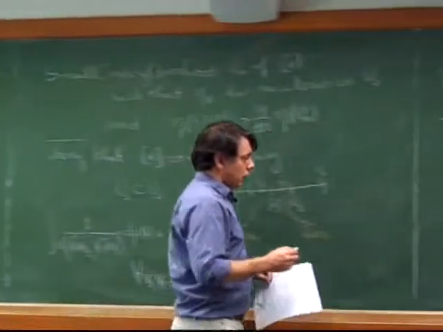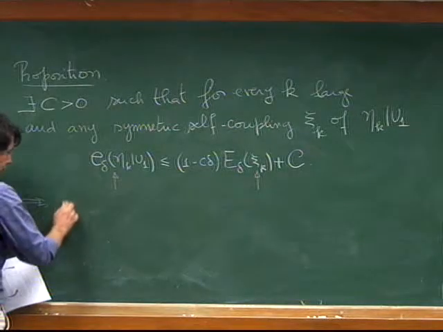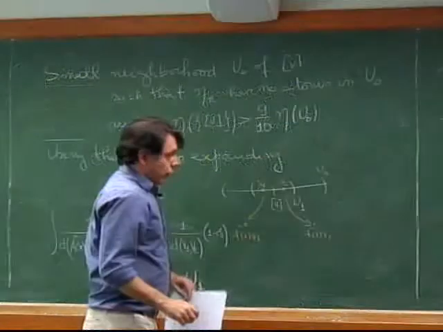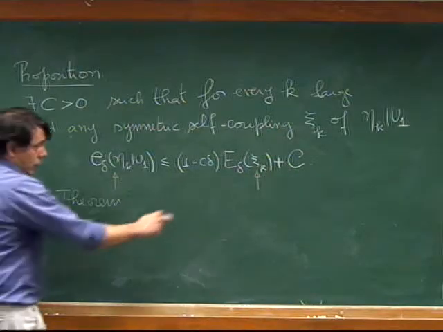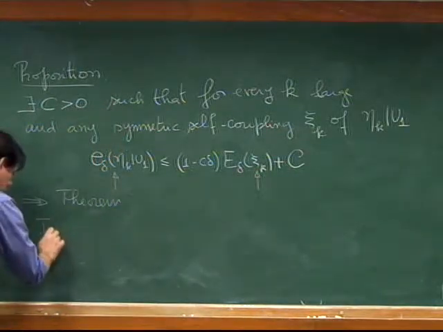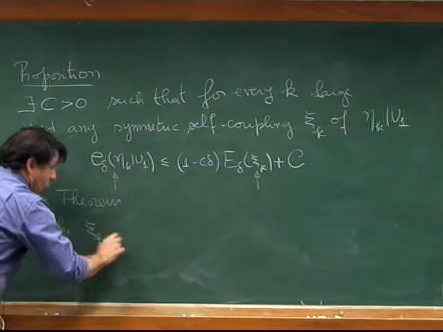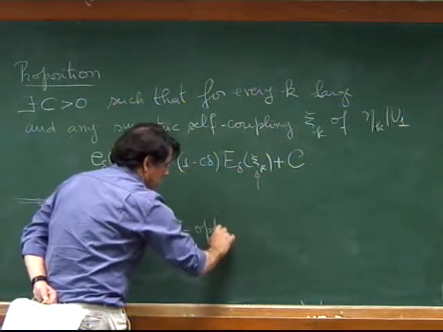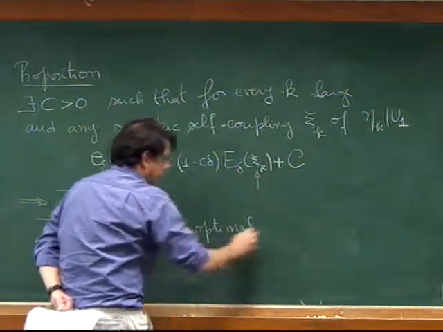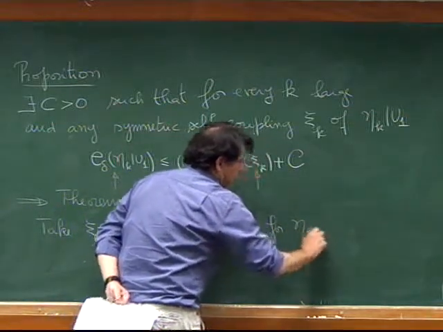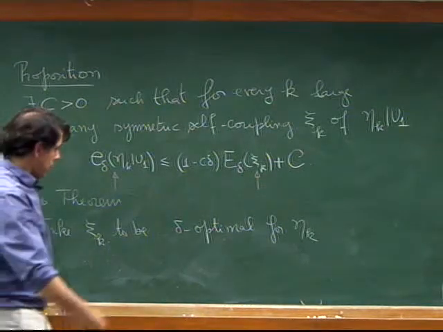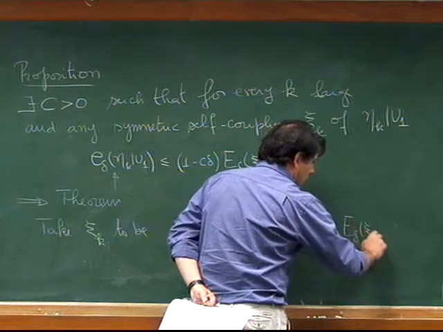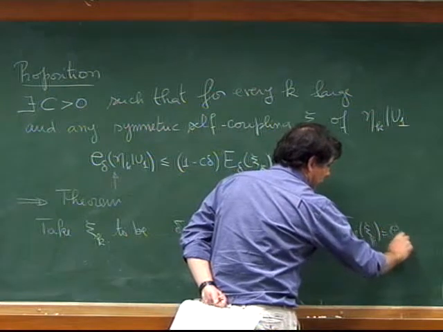So assuming this proposition, let's deduce the theorem. So how do we do that? Of course, we can take the CK in the statement to be delta optimal for eta k. In other words, I may start from the very beginning with a coupling whose energy is equal to the energy of eta k.